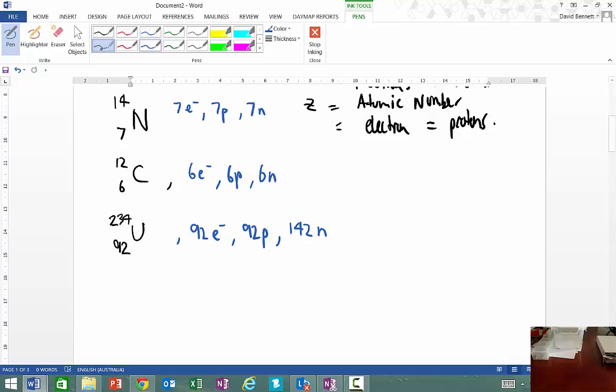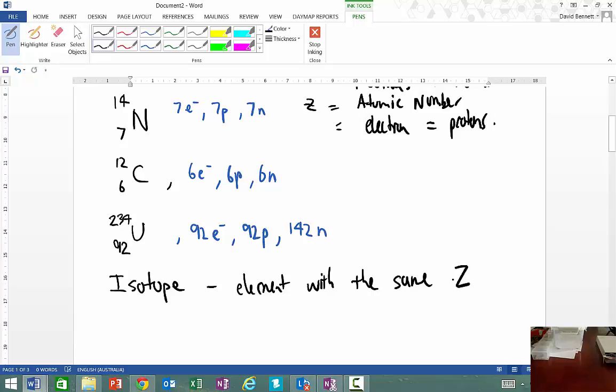Now, another term that you need to understand is an isotope. An isotope is an element with the same atomic number but a different mass number.